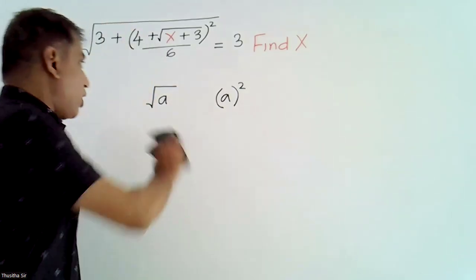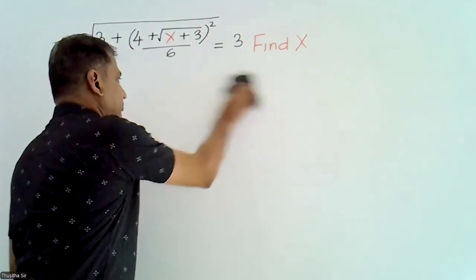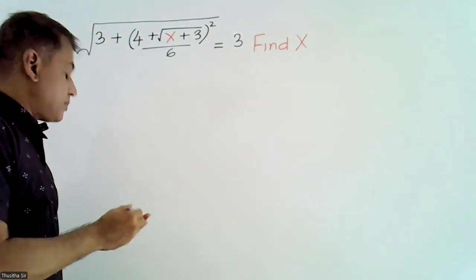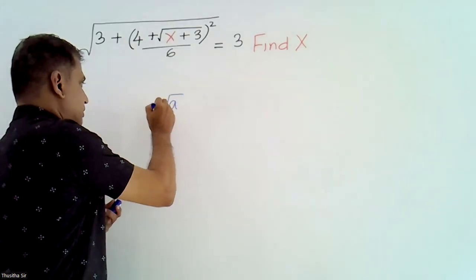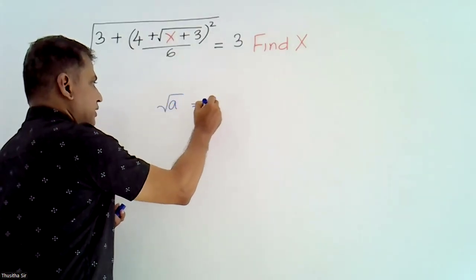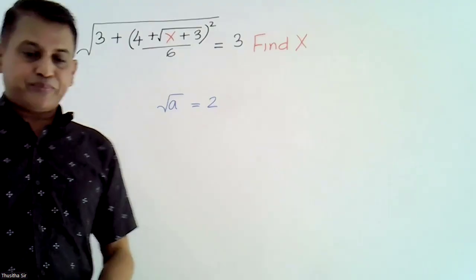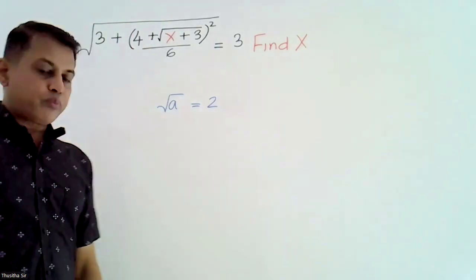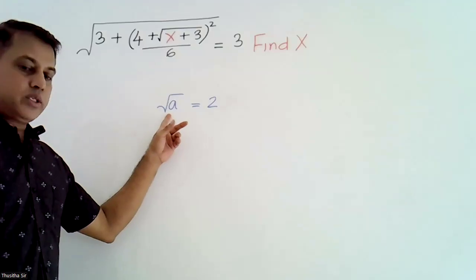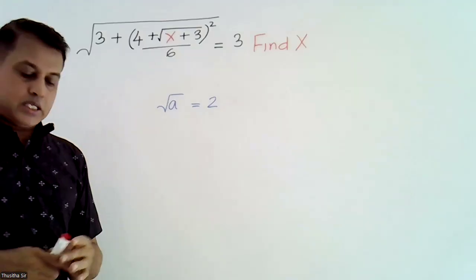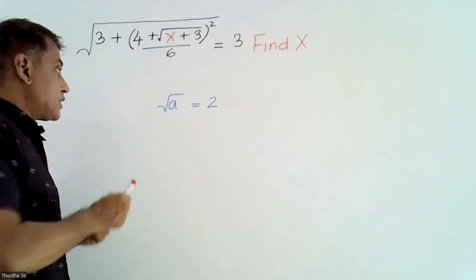So now I take this example. Let's say the square root of a equals 2, right? Now, if I want to remove this square root, the rule is you have to use a square.